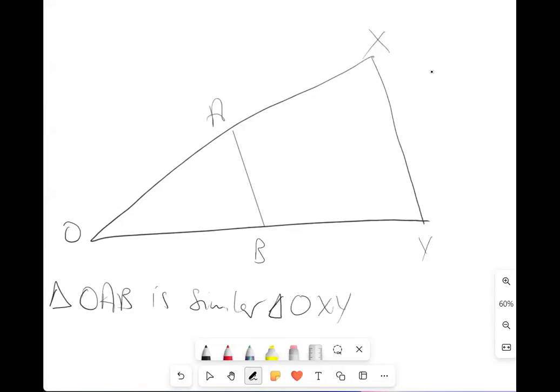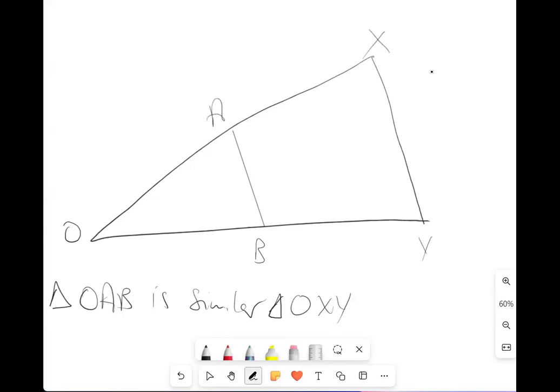Basically, triangle OXY is like a bigger version of OAB, or the other way around. Triangle OAB is a smaller version of OXY.